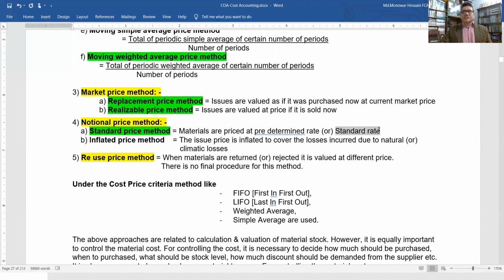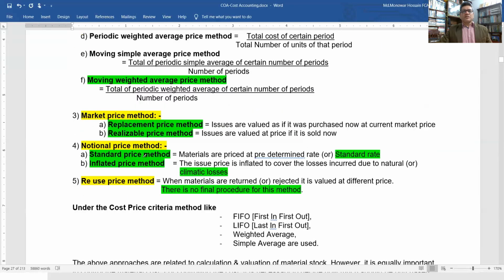In the inflated price method, the issue price is inflated to cover the losses incurred due to natural loss of material. In the reuse price method, when materials are returned or rejected, they are valued at a different price. There is no final procedure for this method.